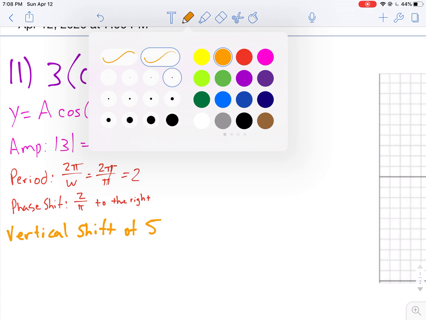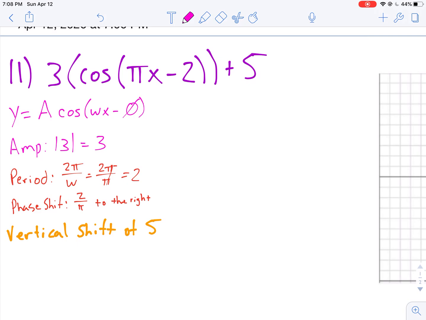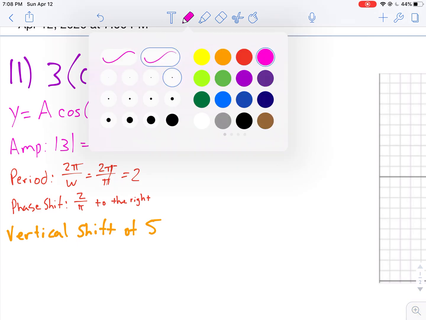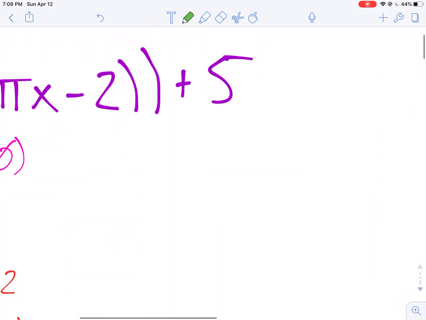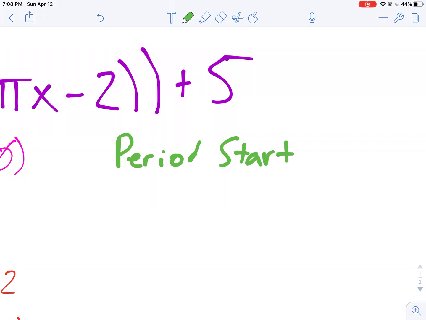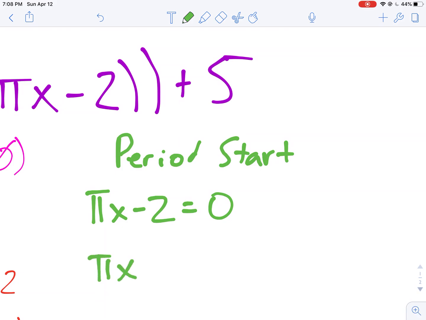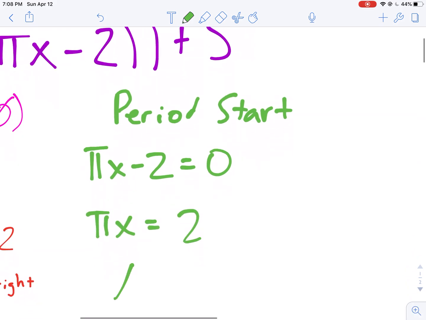This is going to look really ugly, but I still need to write it out. Period start: pi x minus 2 is equal to 0. So pi x is equal to 2, and then x will be equal to 2 over pi.